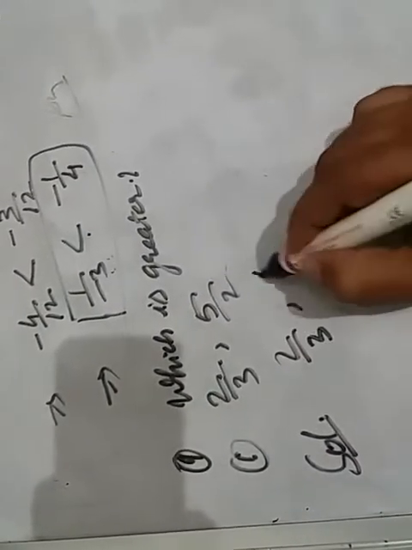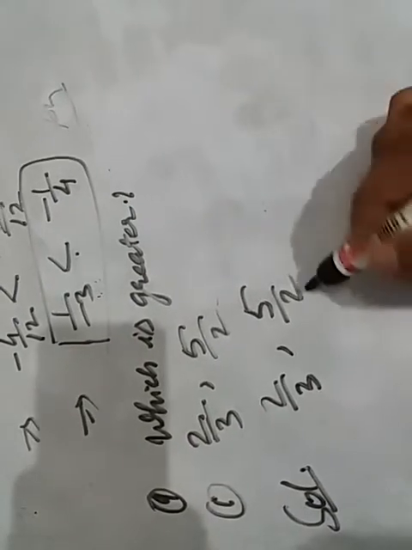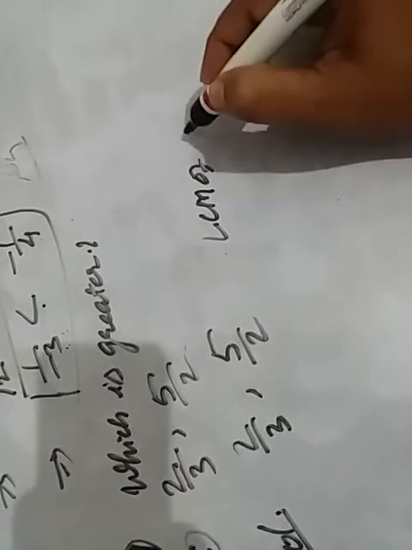Clear? See, your solution is 2 upon 3, 5 upon 2. Two rational numbers are there. First, we cannot compare them properly until and unless their denominators are equal. So what is the process? LCM of 3 and 2 is equal to the product of 3 and 2. Why product only?